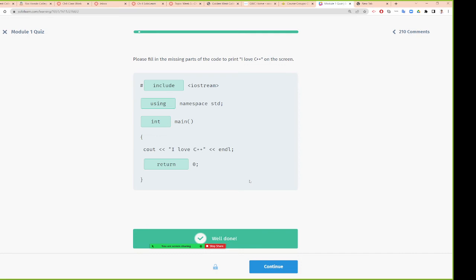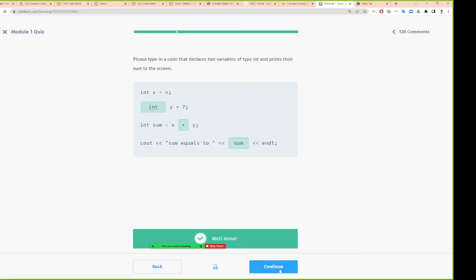So this is like chapter 1. Type in the code, declare two variables of type integer and print their sum. So int x equals 4, int y equals 7, and x plus y is the sum.